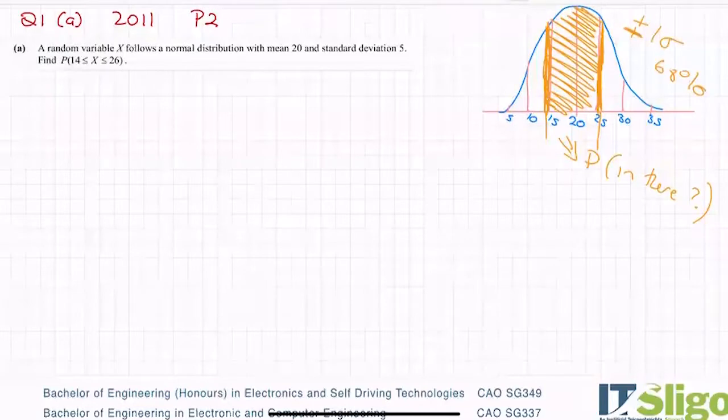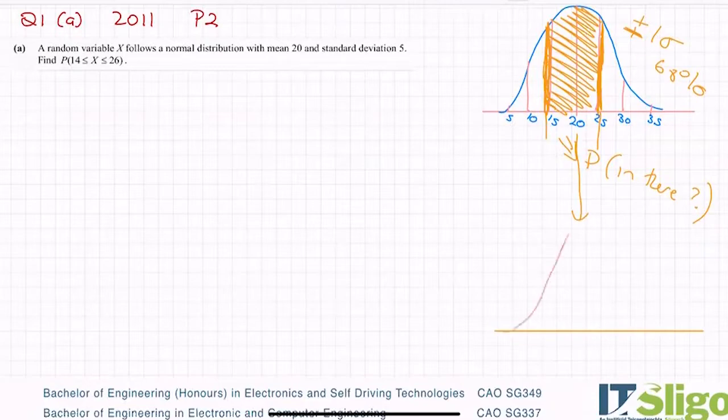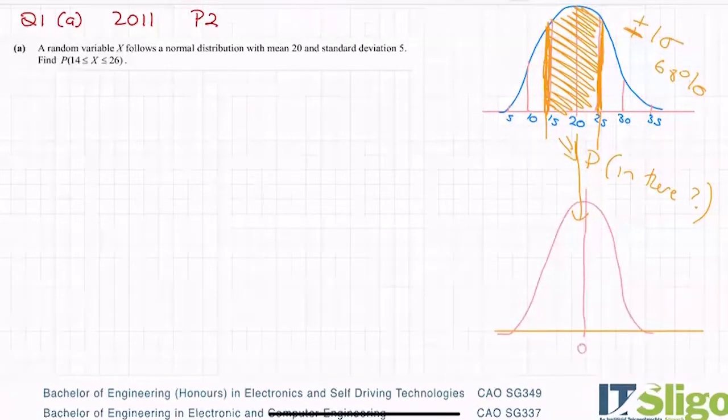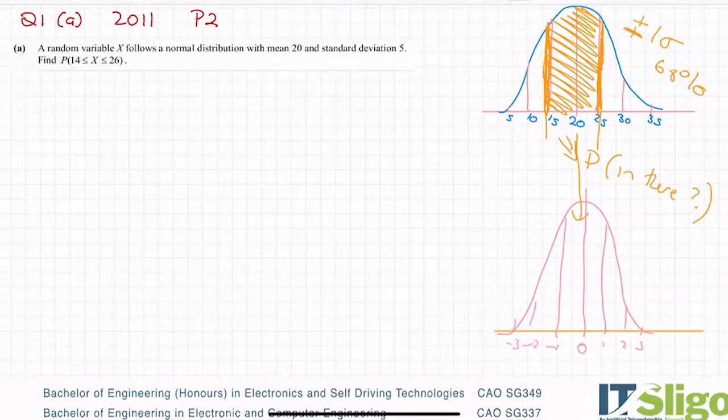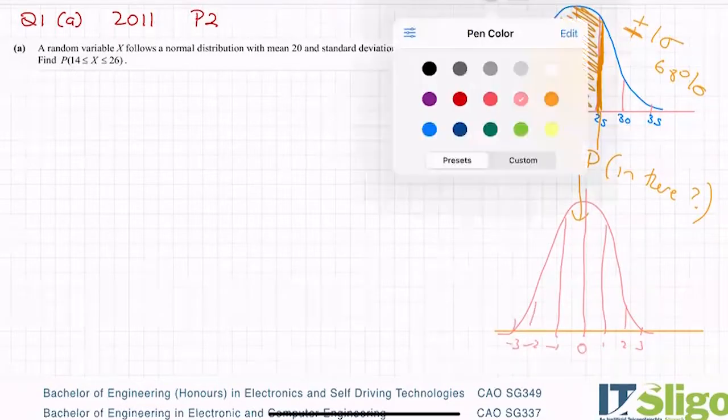So the easiest way is to literally normalize this data. In other words, we're going to put our mean at 0, and we're going to go up in set standard deviations. So how do we do that?